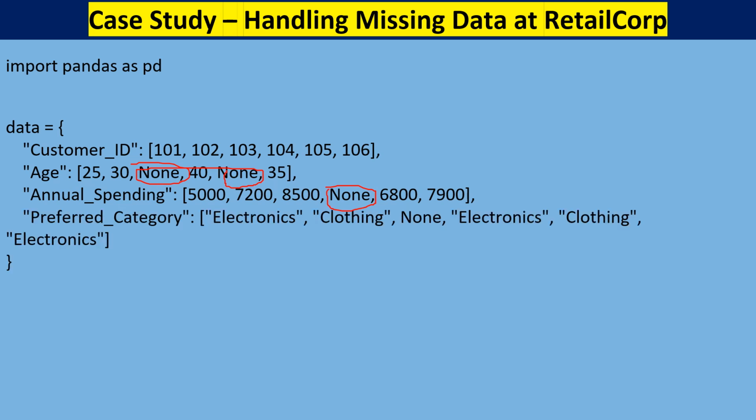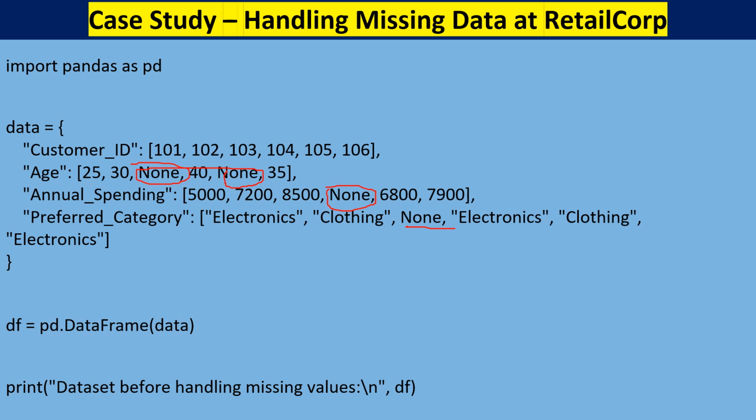And then there is the preferred category, where there is still a category which is missing. Now we convert the dictionary to a data frame and display the dataset before handling missing values, and that is a missing value.